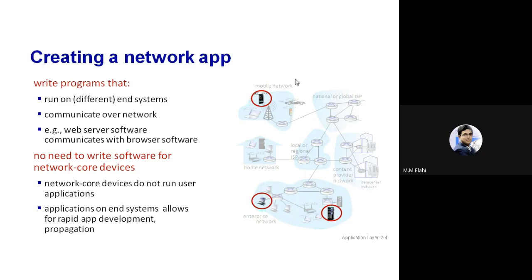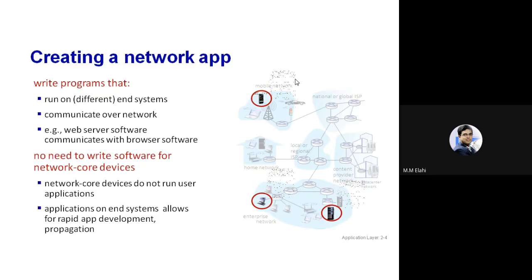Only the lower half of data link plus physical is hardware. So definitely there is other software, but we can think about network applications that are used by the users in the end systems to connect to the network.